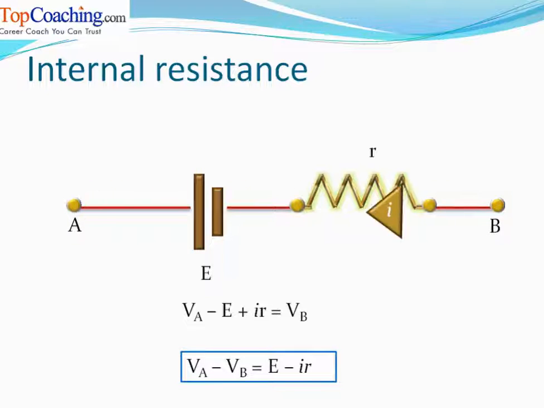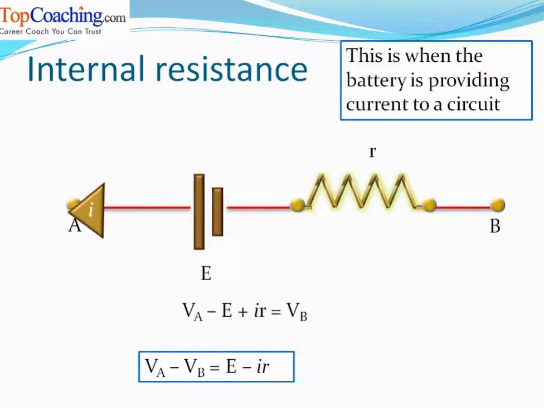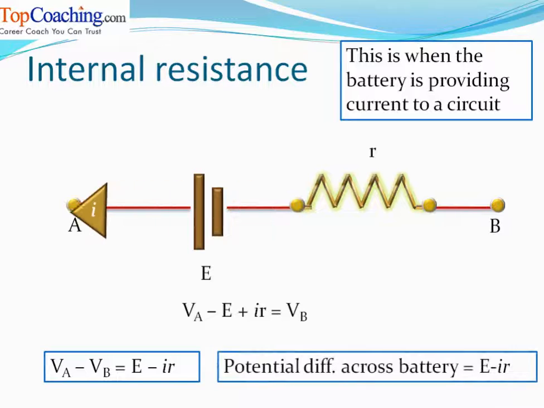So in normal conditions, when the battery is actually charging the rest of the circuit, it's providing current to the rest of the circuit. In such conditions, the net potential difference of a battery is actually less than the ideal potential difference expected across its ends. Understood? So this is something you must remember. The potential difference across a battery is E minus Ir when the current is coming out of the battery.